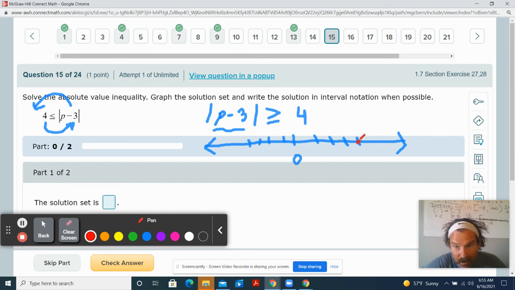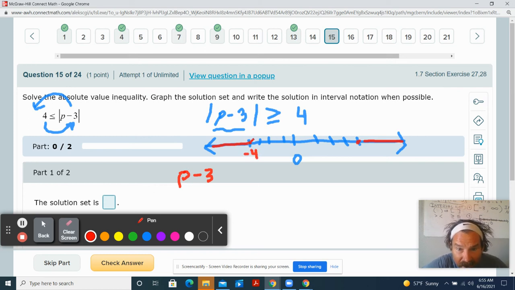So greater than or equal to is this way or this way. Okay, so there's going to be a gap in between. Now, P-3, I'm going to write down P-3, and this number here is -4.